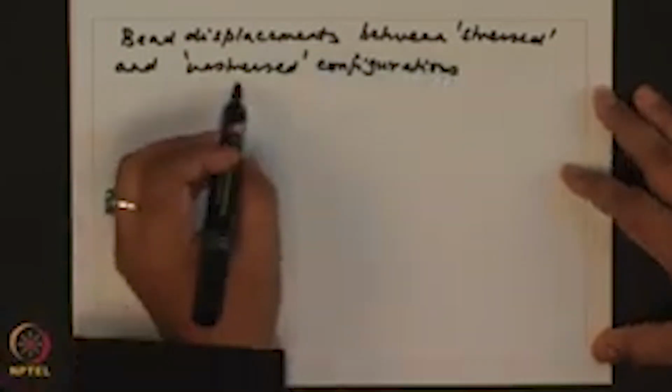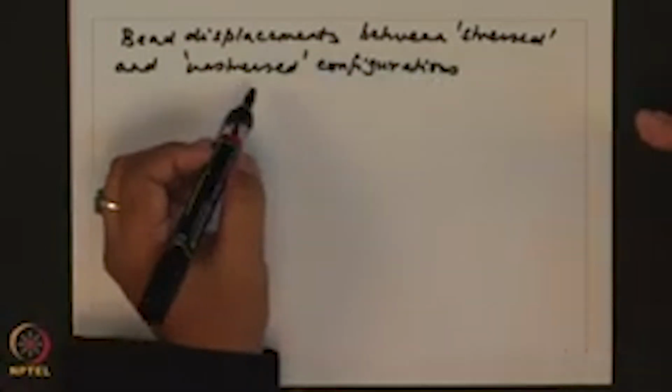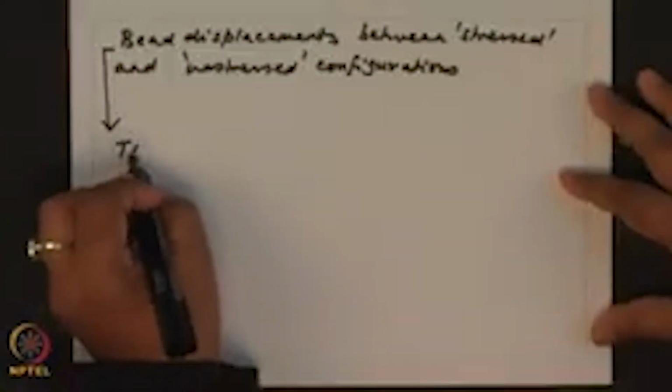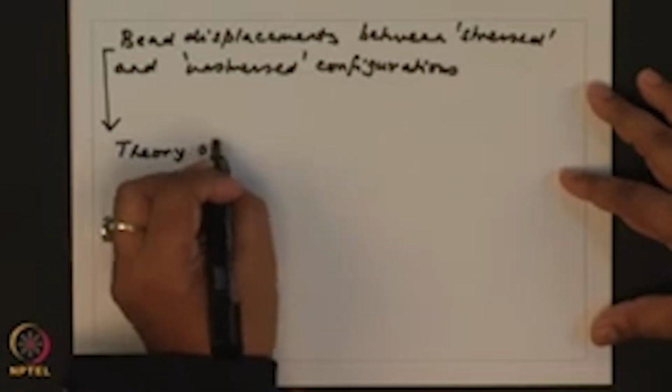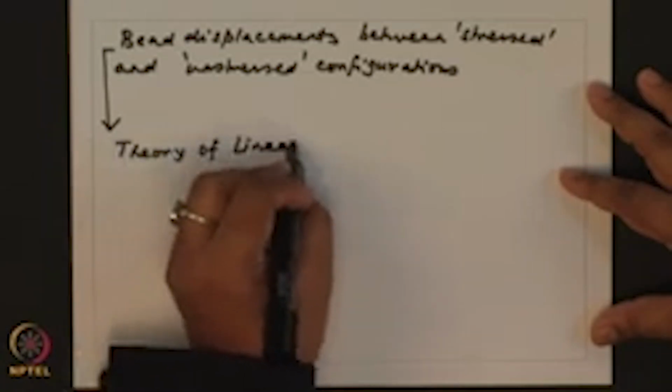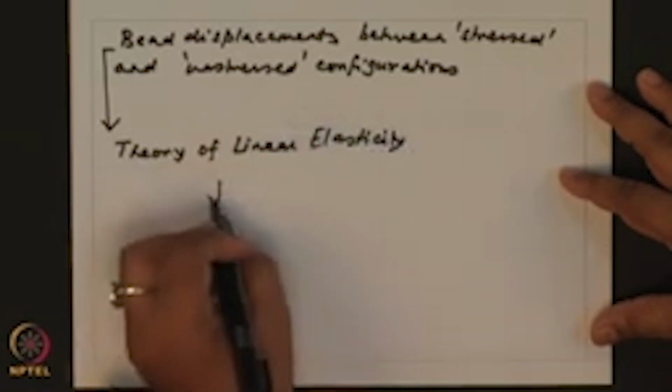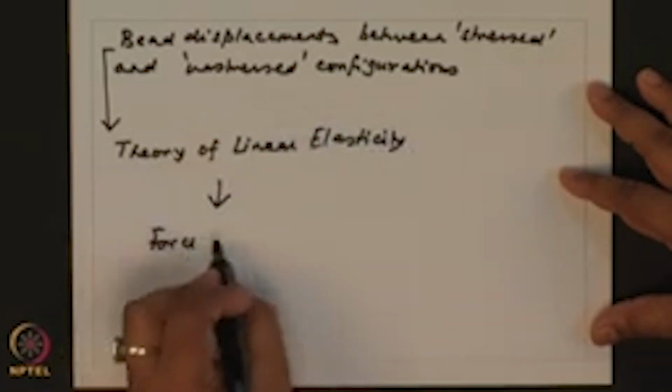Unstressed corresponds to the configuration when the cell has been removed, and stressed corresponds to the configuration in which the cell is actively exerting forces on the substrate. So, once you get the bead displacement, you can use the theory of linear elasticity to find out the force distribution.